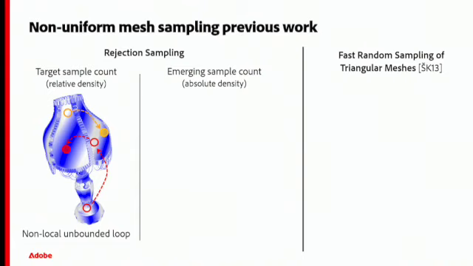In the case where we are given a target sample count, the traditional method is to have one thread per sample, and each thread generates sample candidates on the surface in a uniform manner, and simply accepts or rejects them depending on the value of the density at this location. So what we have is basically a non-local, unbounded loop for each thread, where we are jumping around the mesh until we accept a sample.